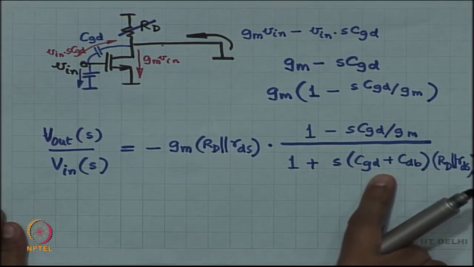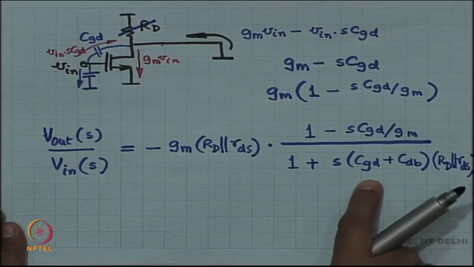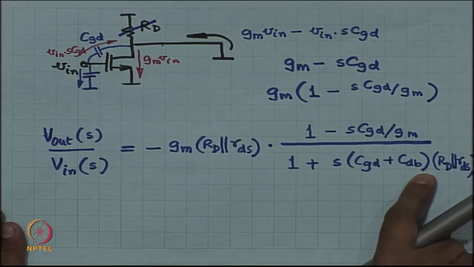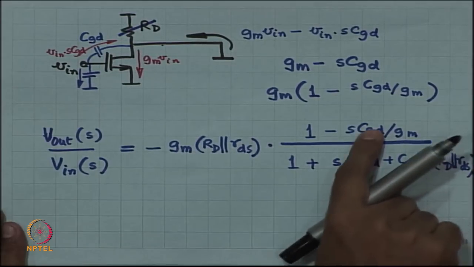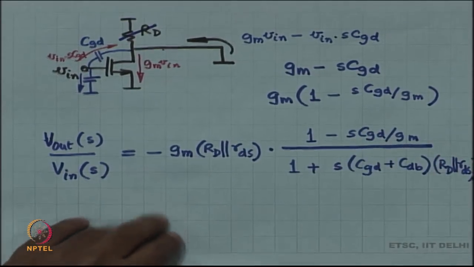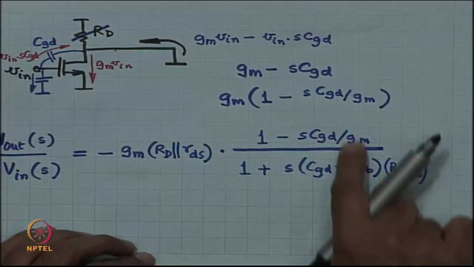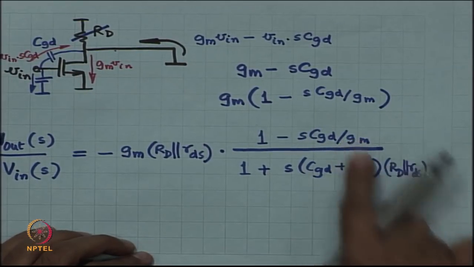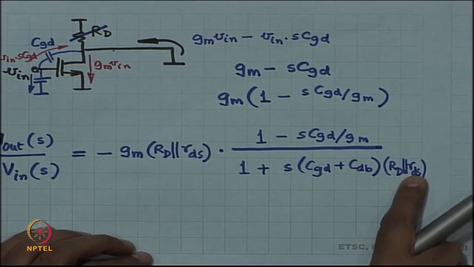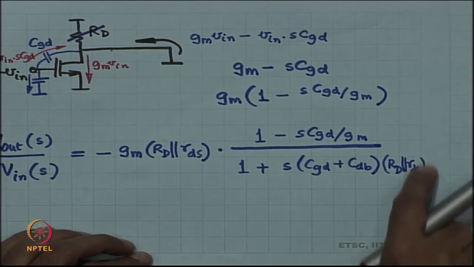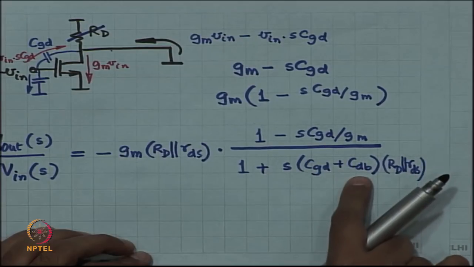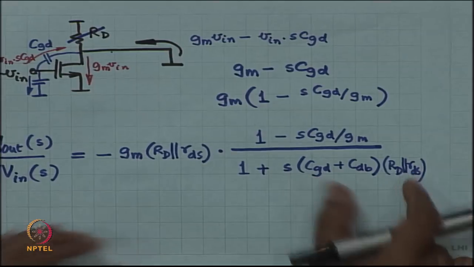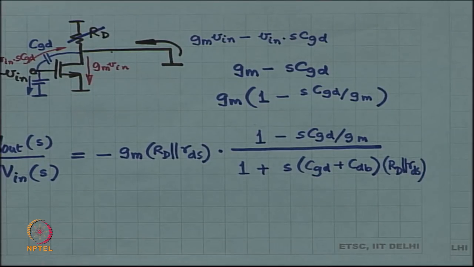The pole is going to come first, because this time constant is much larger than the other one. This is CGD plus CDB. So, this capacitance is certainly larger than CGD, and 1 by Gm is a small resistance compared to RD parallel RDS, which means this time constant is much larger, which means in frequency it is a smaller frequency.